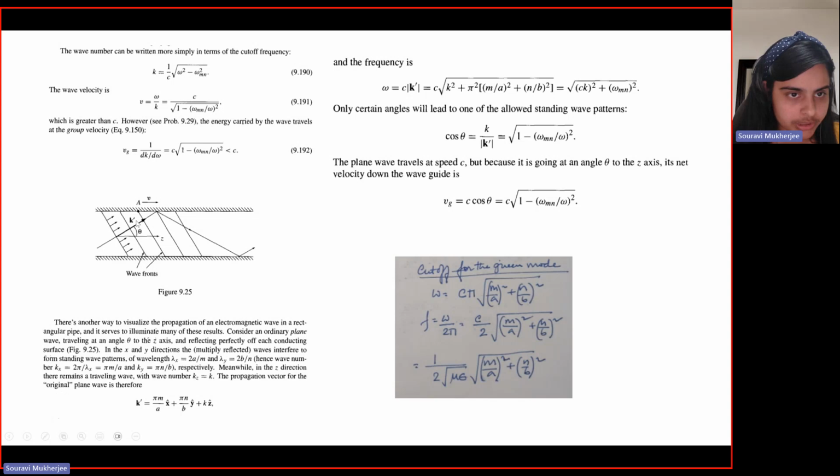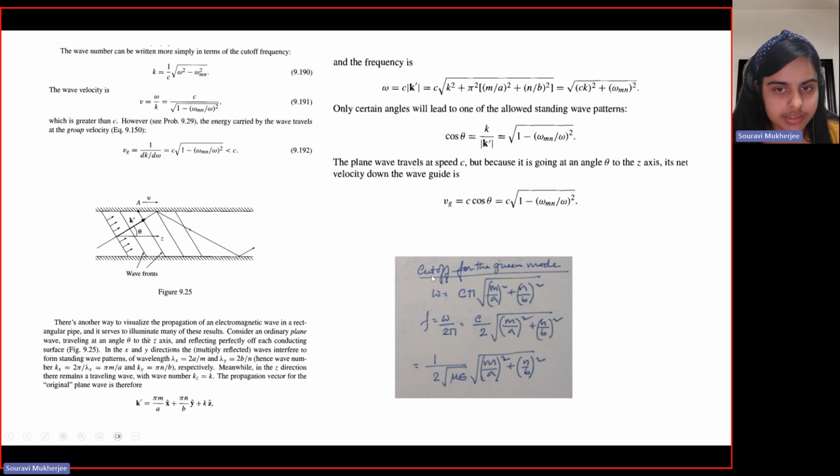That component, k prime cos theta, will determine the net velocity with which the signal or the energy is being propagated. So if you find the cos theta component, then v_g is equal to c cos theta, so this is the same term as you can see here. So you are getting back the same expression for the group velocity.